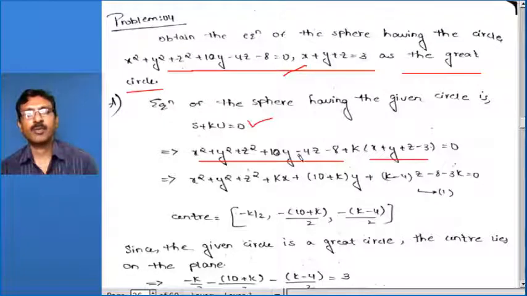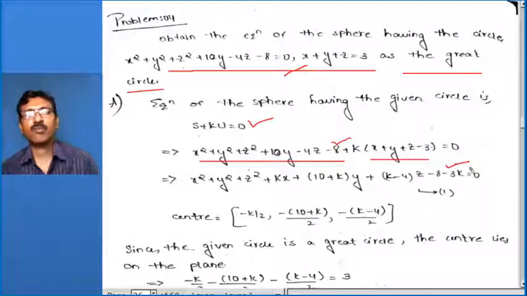Taking y as common, (10 plus k)y, plus similarly minus 4z plus kz, taking z as common, (k minus 4)z, and constants are minus 8 and minus 3k, so minus 8 minus 3k equal to 0. So this is our required sphere.